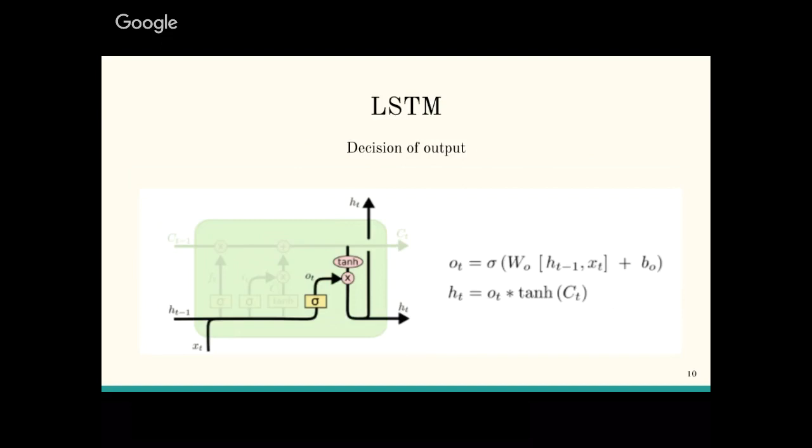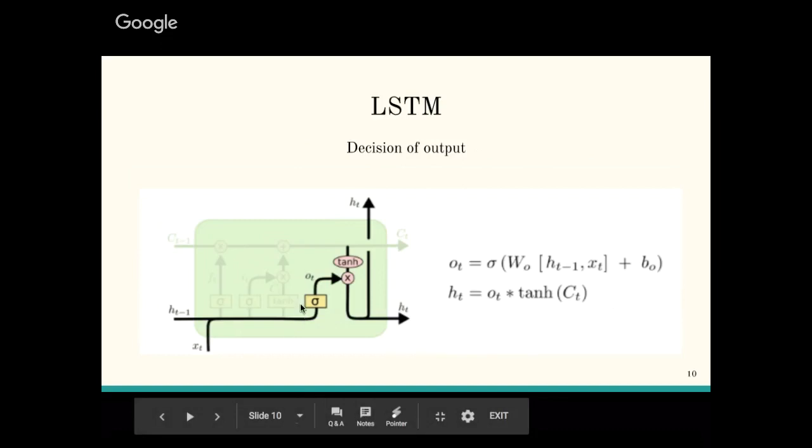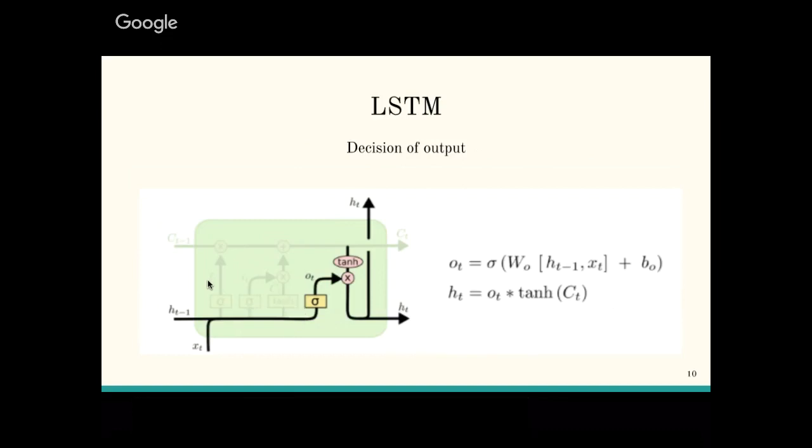If it fits, it means we are using a good cell, so we are most likely to keep most of it, and the value ft will always be close to 1. And if the ht doesn't fit the next input, then the value is close to 0. It means we tend to forget a lot of things because they are not generating promising results.